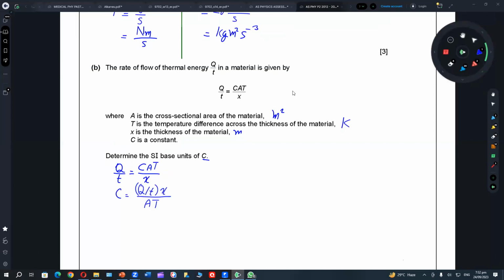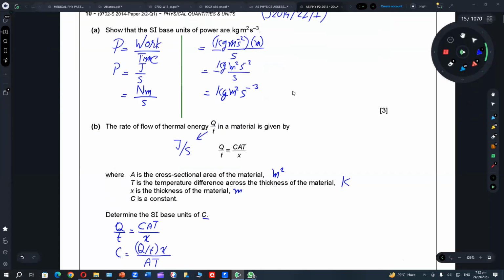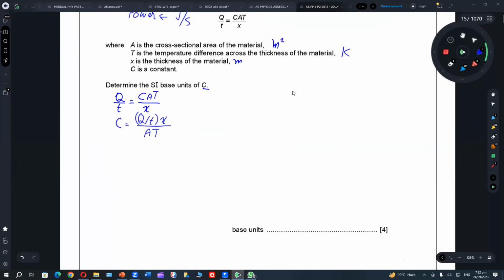Examiner says rate of flow of thermal energy. So it should be joule per second, which we already have determined in our upper working. Joule per second is actually power, kg m square s minus 3. So start putting all of them.